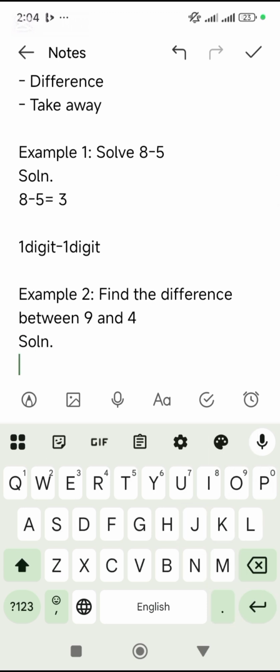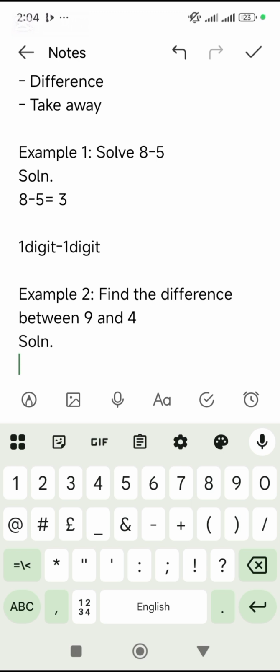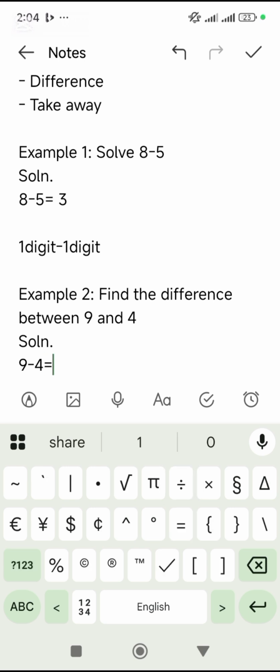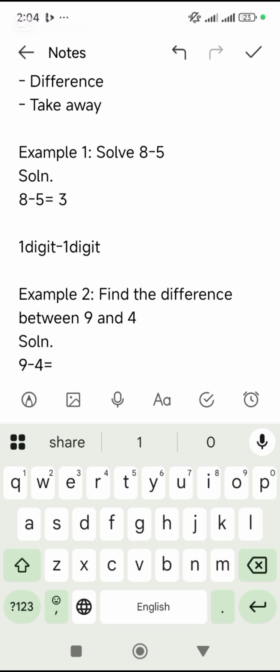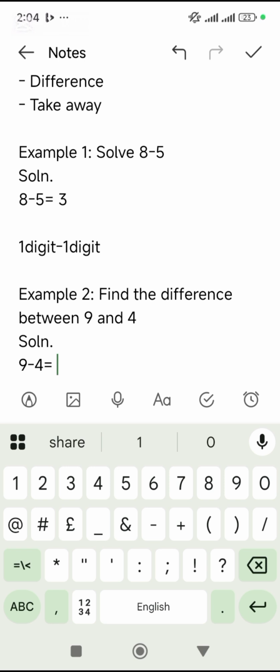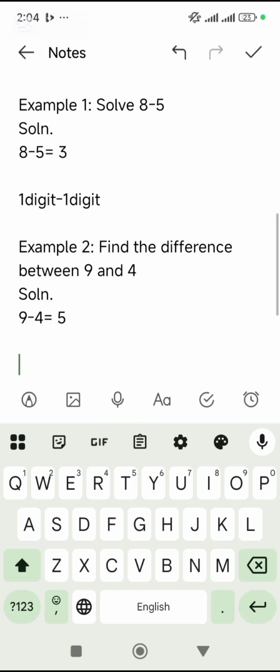Since it's just a smaller distance, we can just use the sequential method. 9 minus 4. Okay. We have, let's say, 9 balls, and we are asked to take away 4 from it. What you will have left is 5.